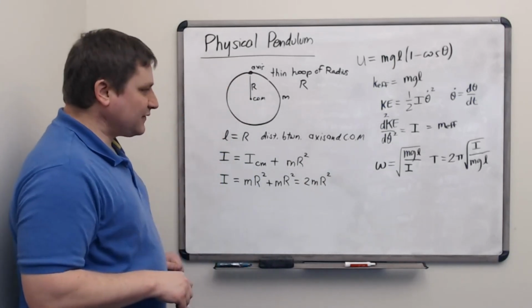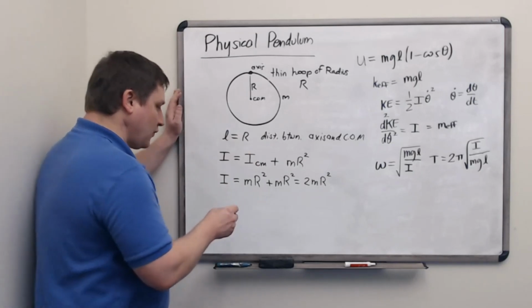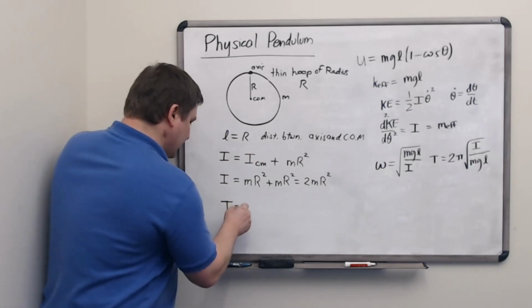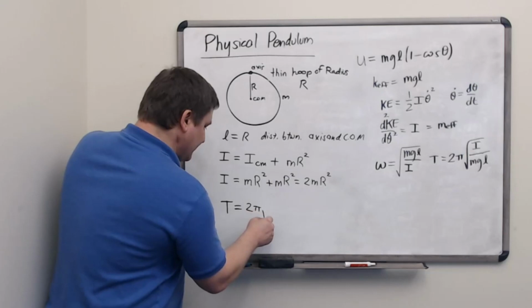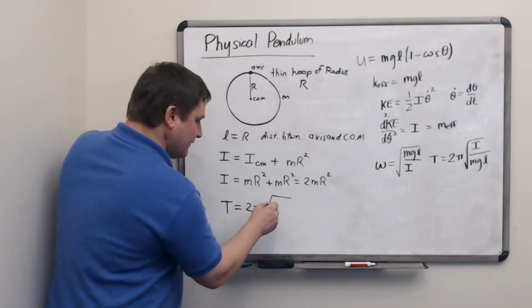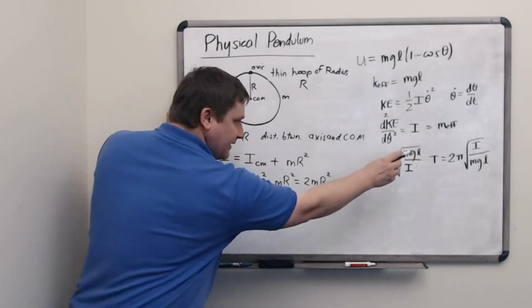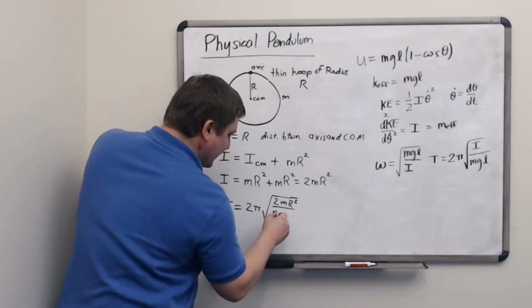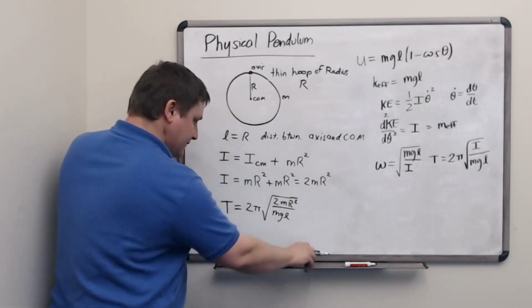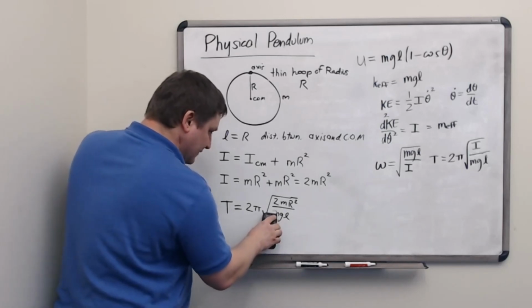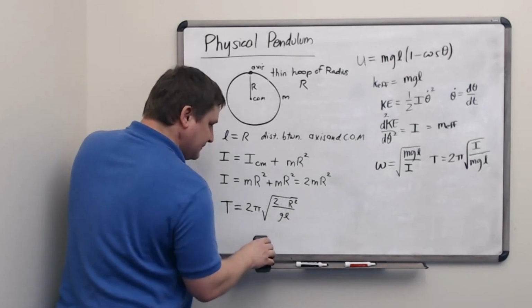If we take this information and now substitute it into the formula for the period, we will get 2 pi times the square root of 2mr squared, that's I, divided by mgl. And again, we see we can cancel the masses.